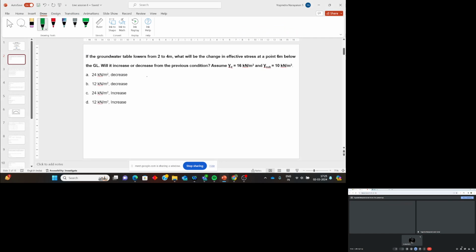Can you solve the question? So always draw the figure first. So there are two conditions. This is the ground level. So initially the water table was at 2 meters.